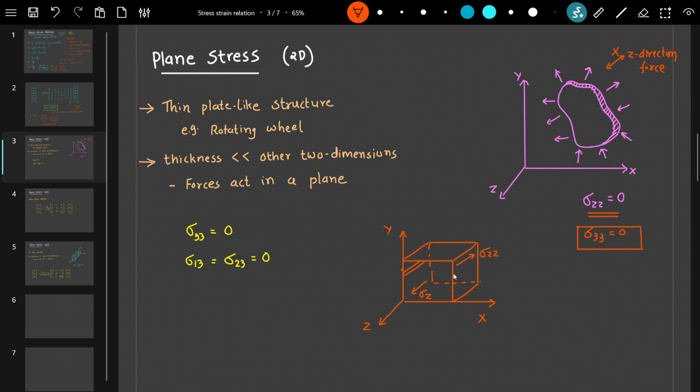That's how they are, and we can say it is in equilibrium. Now, the stresses always act on two opposite planes. If we talk about sigma zz or sigma 33, it is acting on this face and the opposite face in opposite direction.